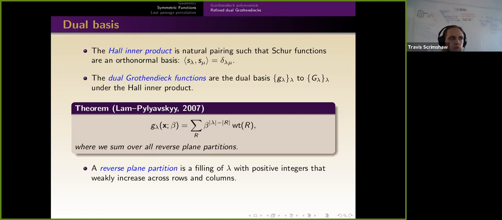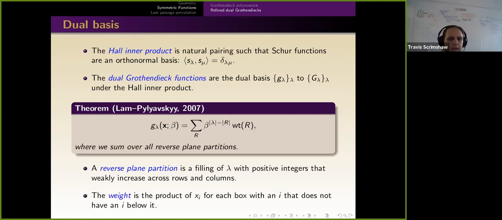But we don't want to do the weight like we would for a semi-standard Young tableau. We actually only want the, one way you can think of it is you want to count the columns that contain an I. Or you can also think of it as the boxes that are filled with I, such that there's no I immediately below it.